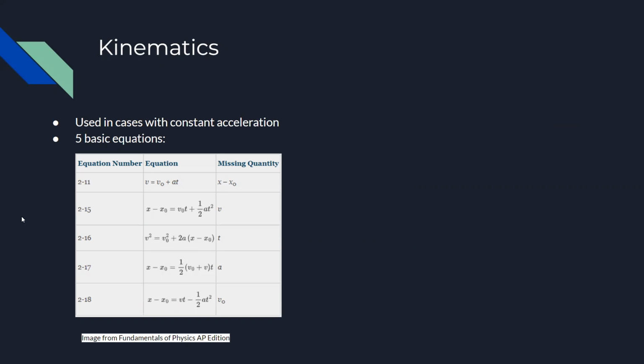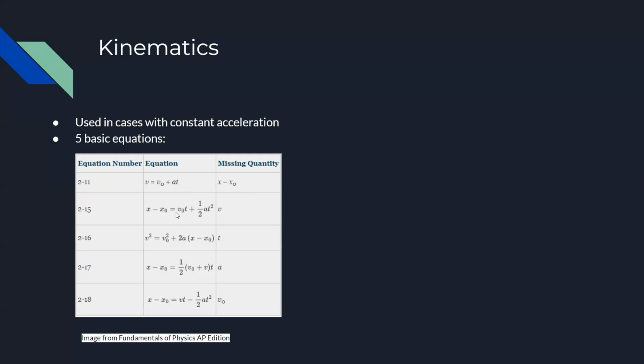Sorry about that. So the thing is that you have 5 of these equations, and they all have 1 or 2 missing quantities. For example, this one, 2.11, is used to find velocity or acceleration, and the missing quantity is position.